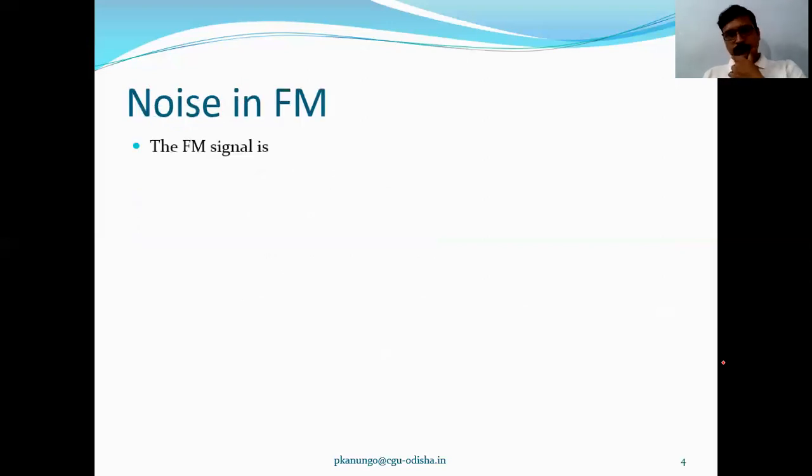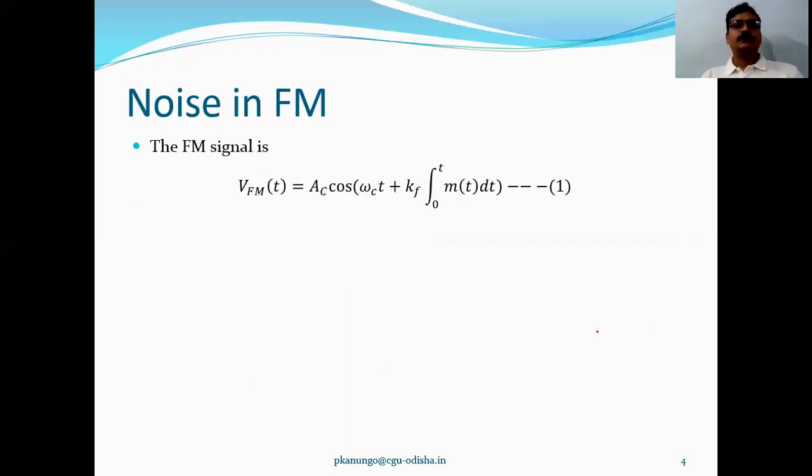If you remember the FM signal, mathematically, if the carrier signal is A cos omega ct and m(t) is my baseband or information signal, then the FM signal can be represented like this: V_FM(t) = Ac cos(omega ct + kf integral from 0 to t of m(t) dt). Here kf is a constant, and it is also known as the sensitivity of the FM modulator.